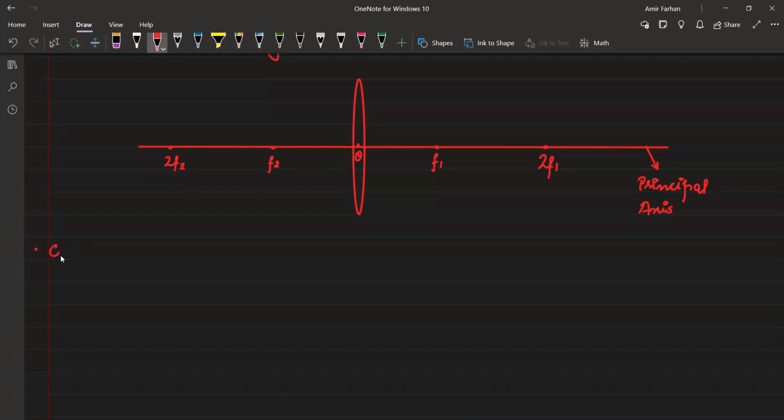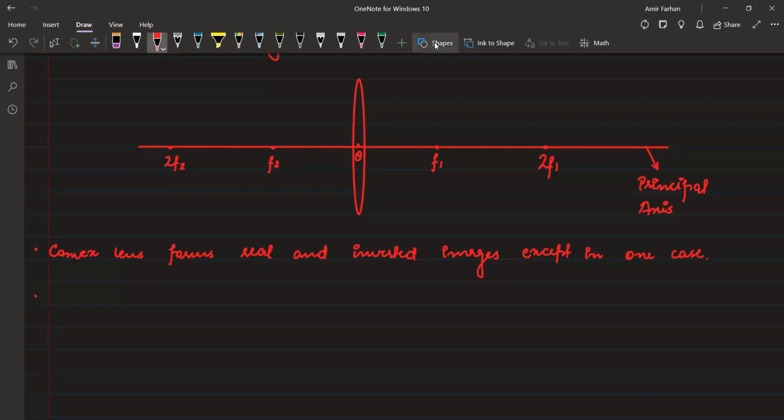So the first thing: convex lens forms real and inverted images, except in one case.